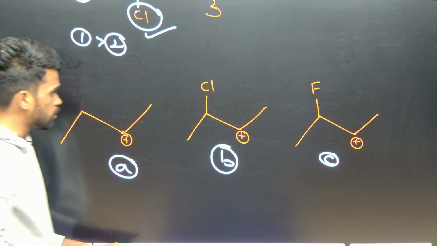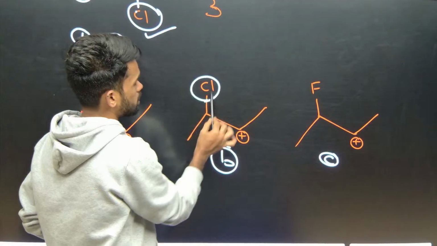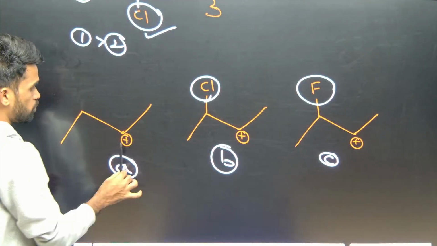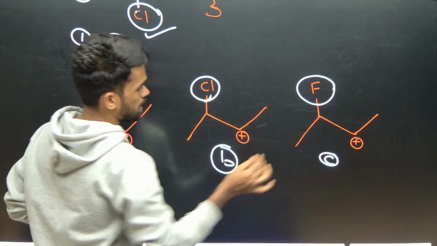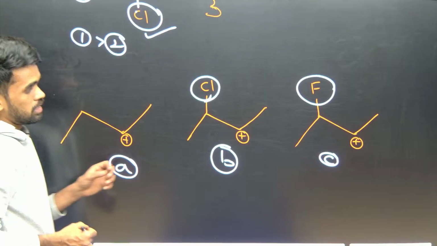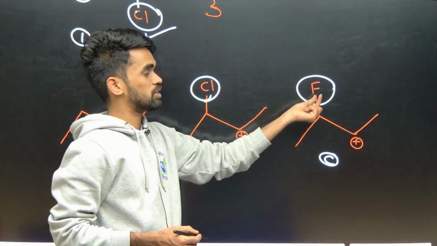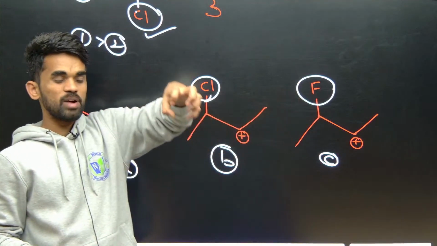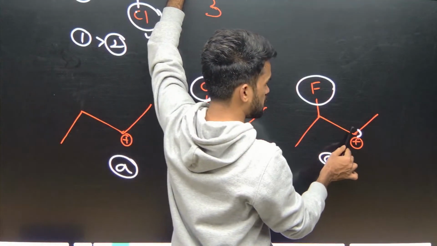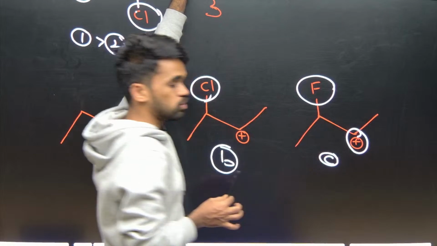So here you can see halogen atoms are there, and there is nothing here, only the carbocation. All these carbocation carbons are electron deficient. But which is more electron deficient? The one having a more electronegative atom, because that electronegative atom drags the electrons and creates more deficiency on the positively charged carbon.